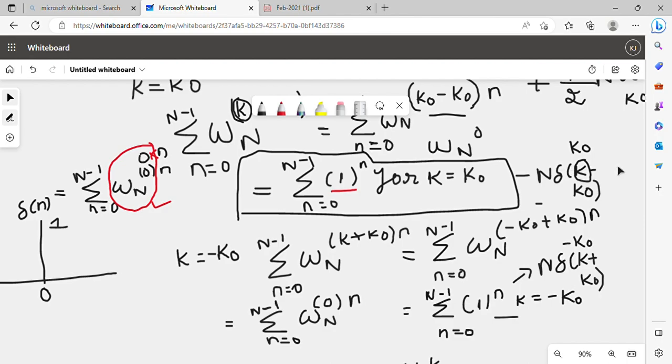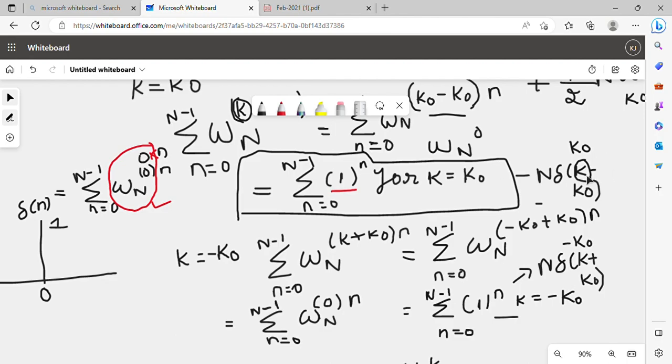Why delta of k minus k naught? Because my delta of n is the unit impulse function, wherein the amplitude is 1 for time 0. For 0 the amplitude is 1.